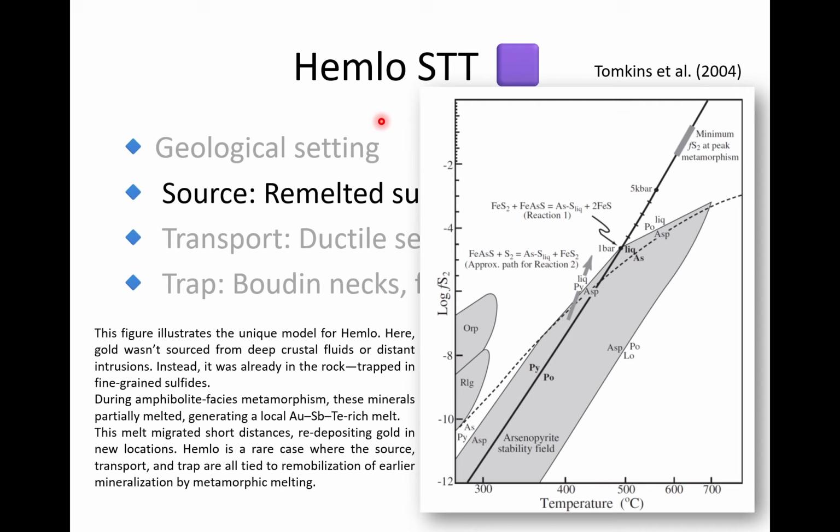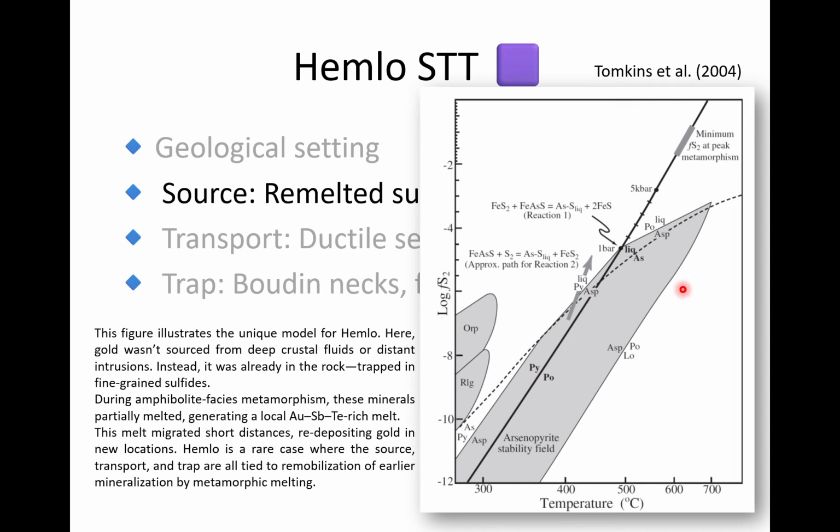This figure shows how the key ore minerals at Hemlo behave during metamorphism. On the x-axis we have temperature, and the y-axis is the log of sulfur fugacity, or fS2, which is the measure of sulfur availability in the system.